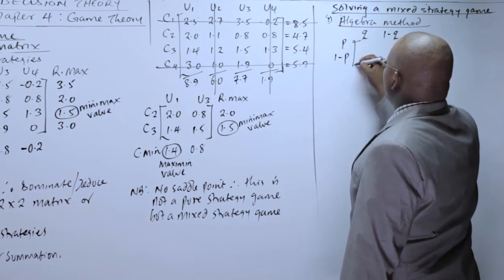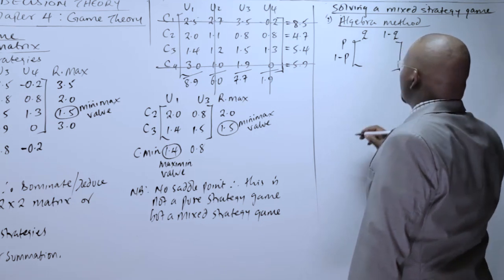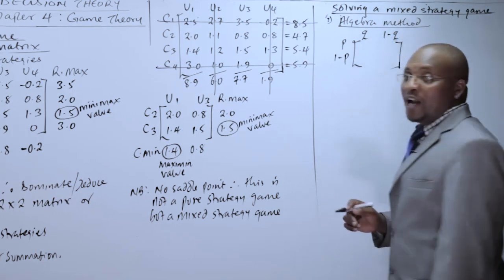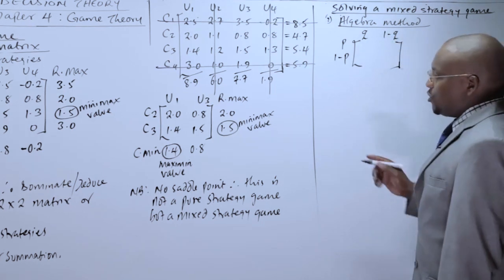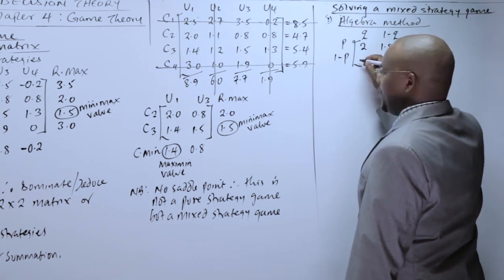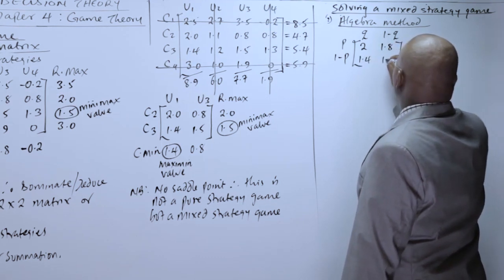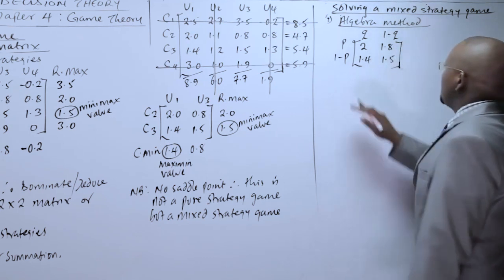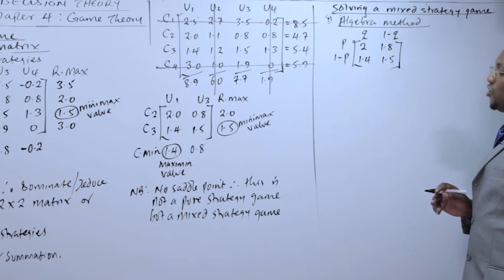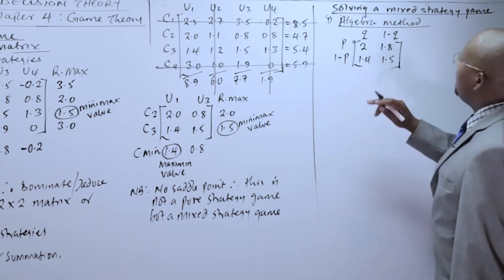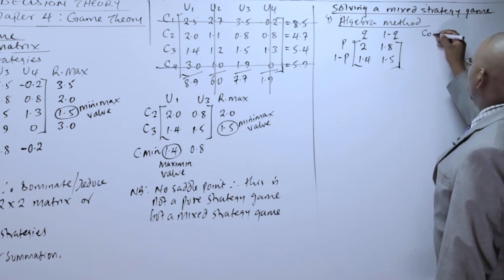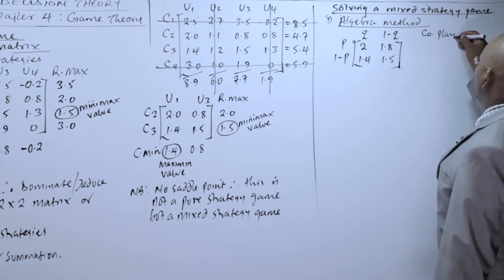We are just substituting the strategies with unknown values or unknown variables. So this is still 2, 1.8, and you have 1.4 and 1.5. So this is how we play the game. We set equations this way, that if this is now the company playing.